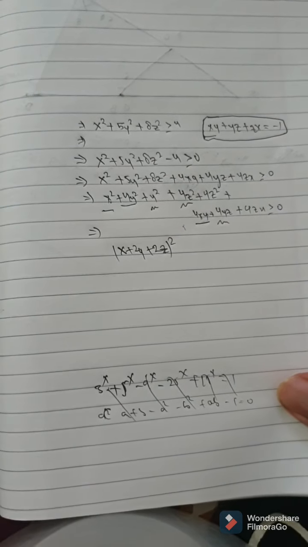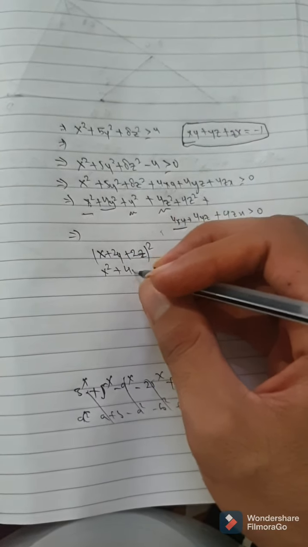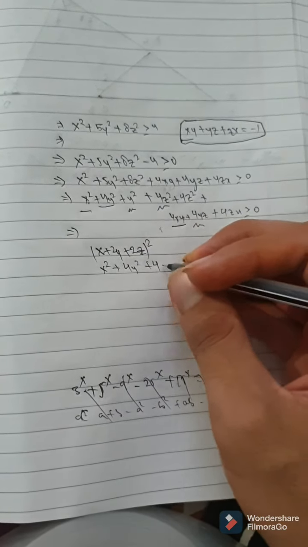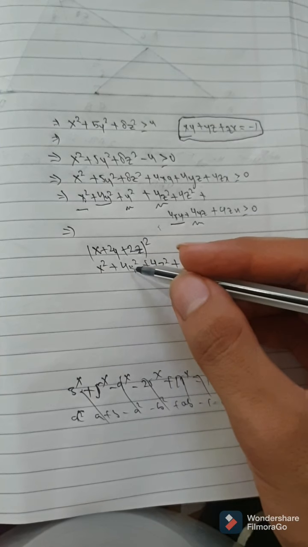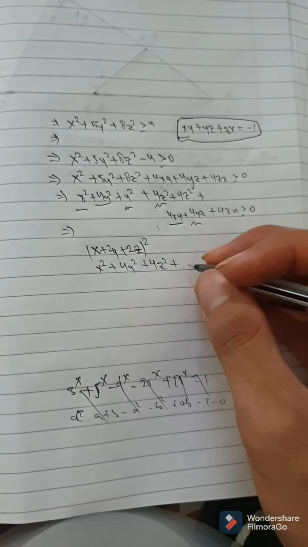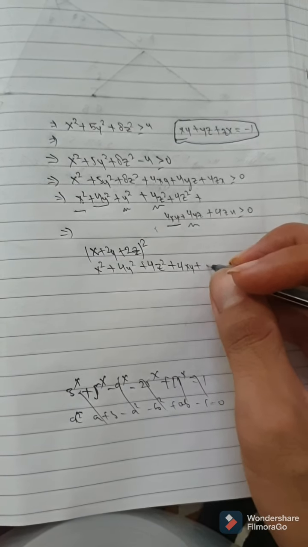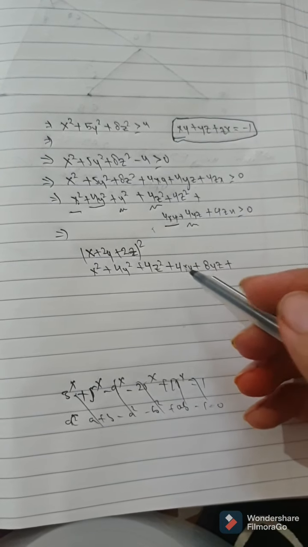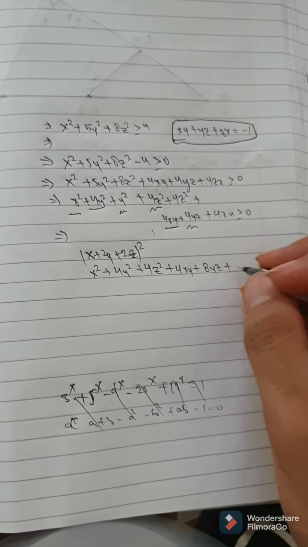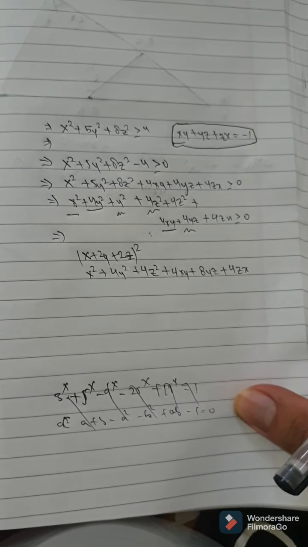So let's do it like this: x whole square plus 2y whole square plus 2z whole square plus 4xy plus 8yz plus 4zx will be greater than or equal to 0.